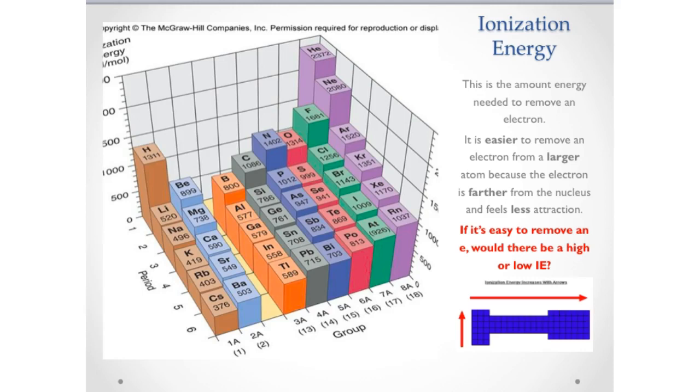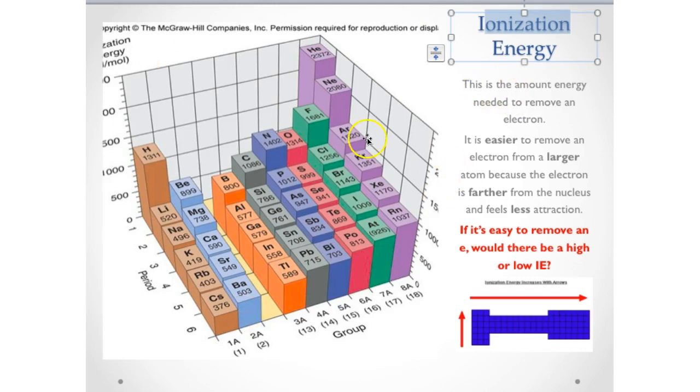This slide basically is showing us what ionization energy is. Ionization energy is the energy needed to ionize an atom. So the energy needed to remove an electron. So once you remove an electron, you become a charge, right?